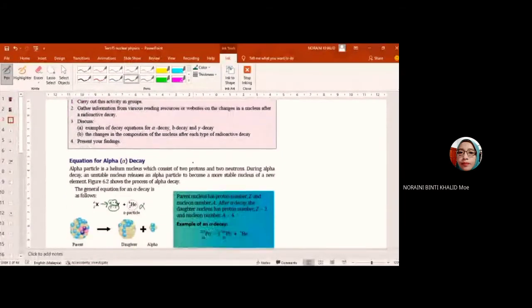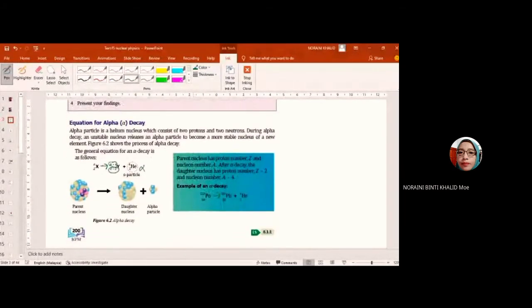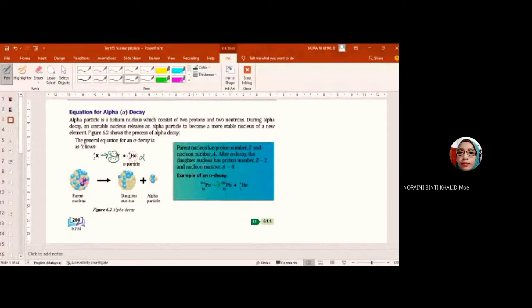Okay, let's look at the radioactive decay process. There are three types of radioactive decay: alpha decay, beta decay and gamma decay. Alpha is a helium nucleus which consists of 2 protons and 2 neutrons.